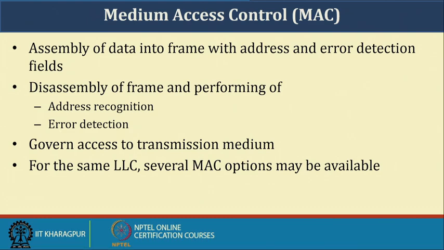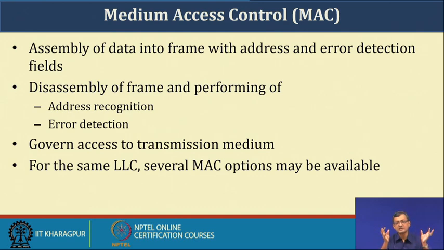If we look at the MAC, or medium access control, one of the major aspects is the assembly of data into frames with address and error detection fields, and the deassembly of frames, performing address recognition, error detection and other tasks.